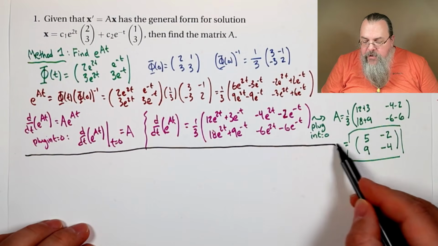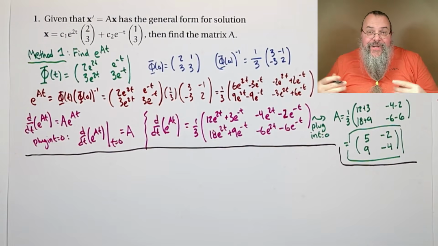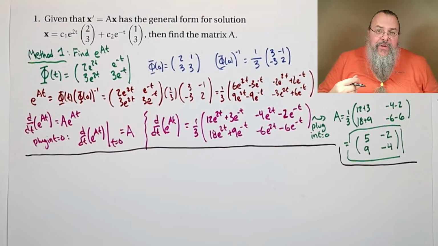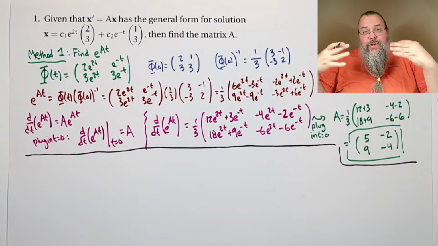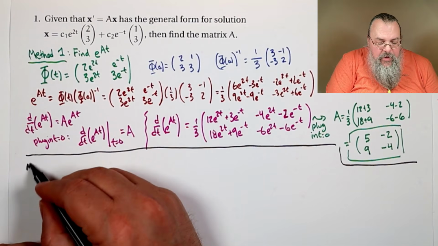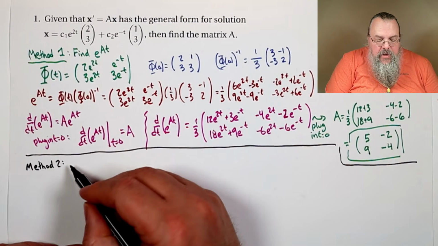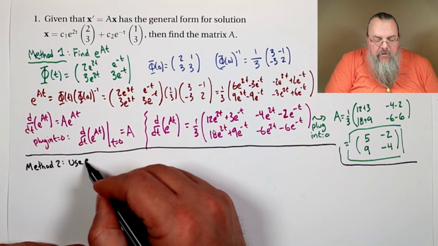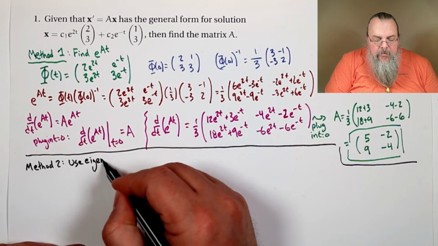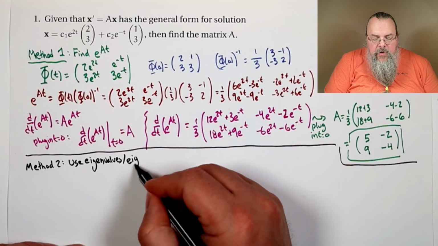Now, the first method leans into differential equation ideas. The second method says, let's lean into linear algebra ideas. So this method, I don't have a great name for it, but I'm going to say use eigenvalues and eigenvectors. So what do we have?